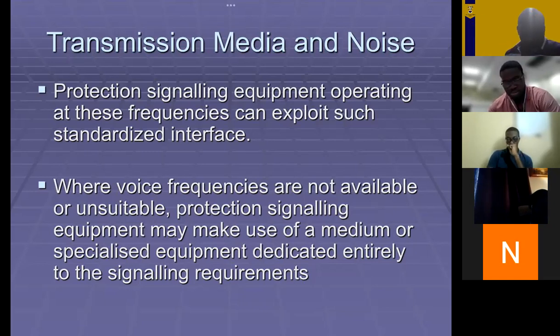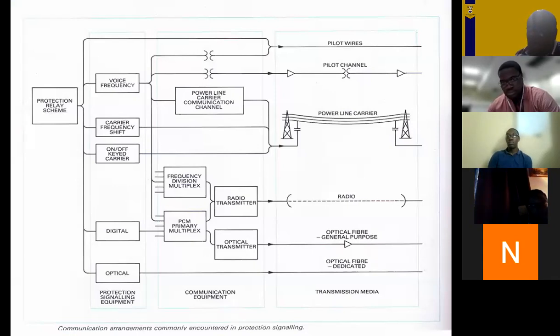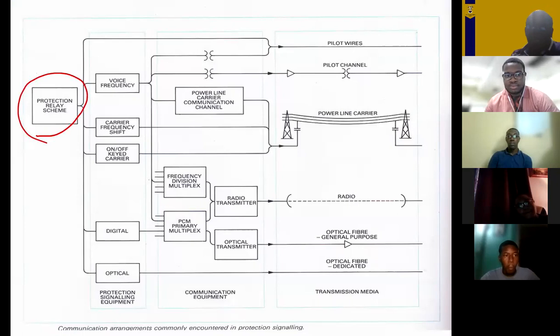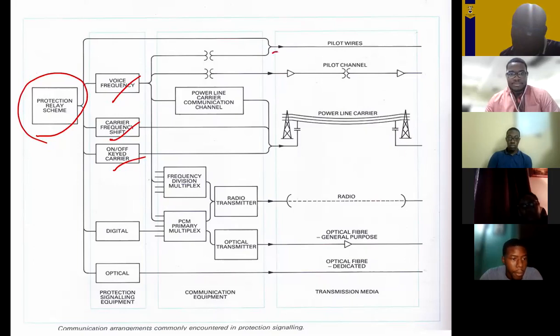All right. So just to summarize everything, here is our system. So we have our protection relay scheme. That's here. On that same medium that we are using, we can have voice, you have the carrier frequency, right? Note up here you have your pilot wires.